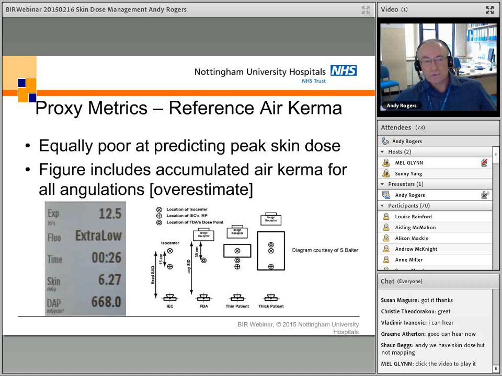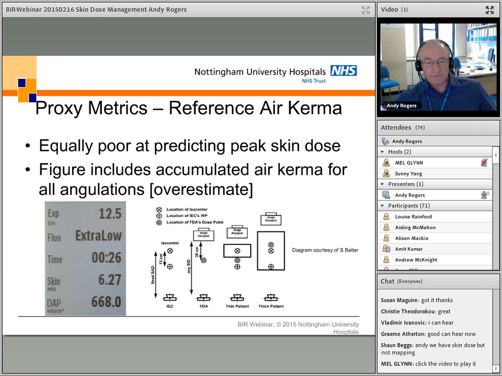The other proxy metric we've got is the reference air kerma, and here I've got a diagram that shows how this is, or where this could be measured. Most manufacturers on interventional equipment measure this 15 centimeters before the isocenter. The point being that if you've isocentered on something in the body, then very roughly 15 centimeters in front of that towards the tube is around about where the skin's going to be.